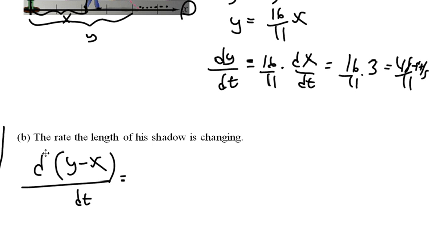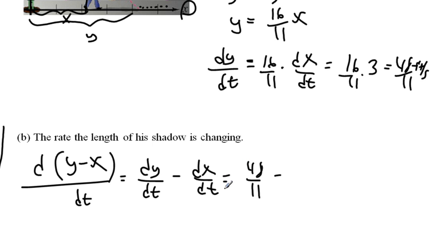Well, that's the same thing as saying dy dt minus dx dt. So notice here, I'm just taking the derivative of each one separately. We just found out that dy dt is 48 over 11, and it was given to us that dx dt was 3. So that means the shadow is changing at a rate of 15 over 11 feet per second.